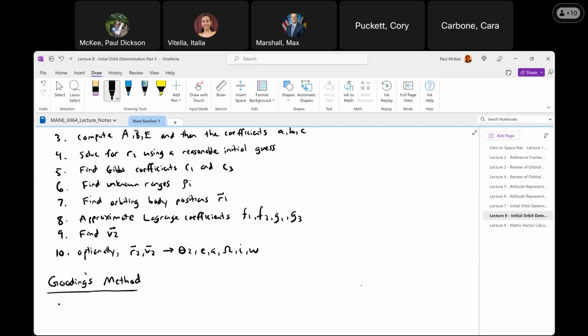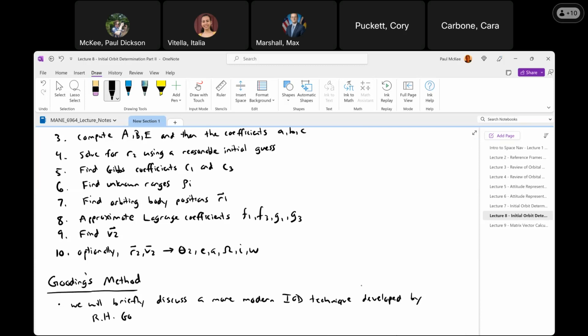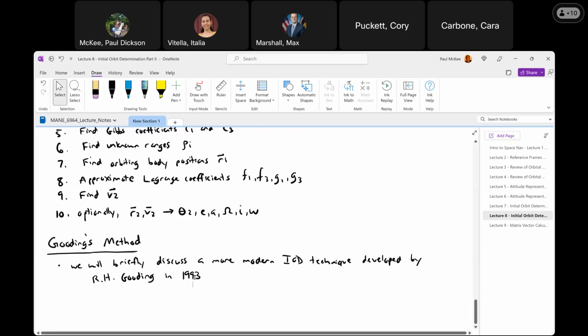So we will briefly discuss a more modern IOD technique developed by R.H. Gooding in 1993. Pretty recent compared to like 1801.